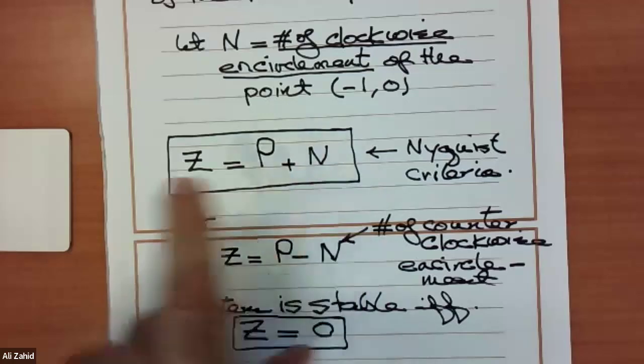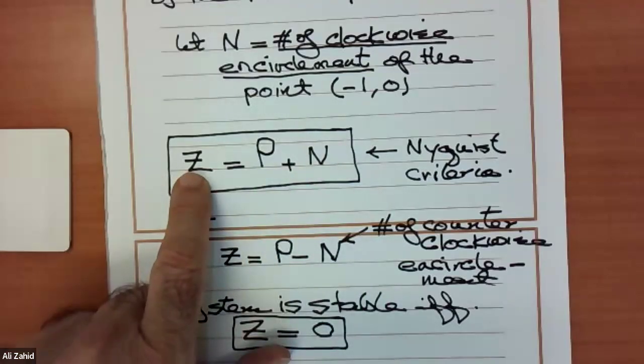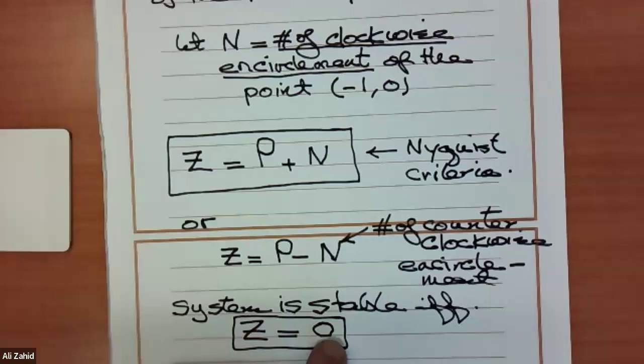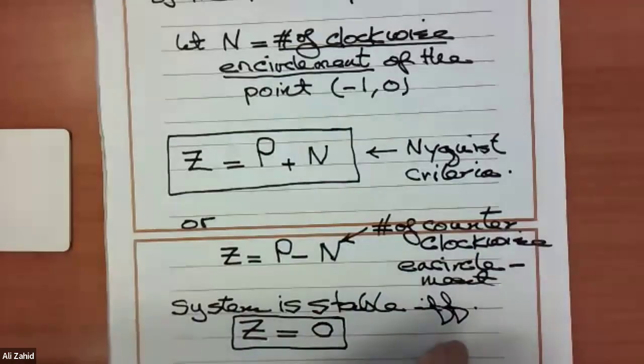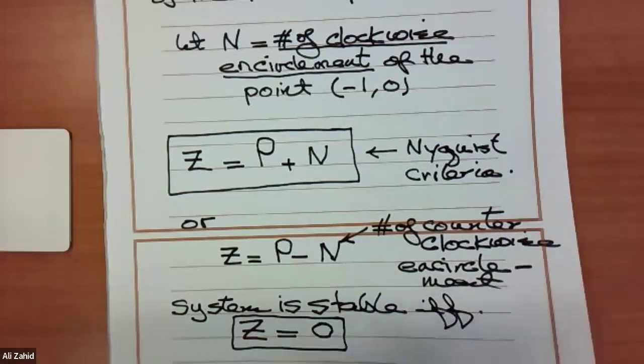And from these two, I will figure out what Z is. And if Z equal to 0, the system is stable. Did you get it?